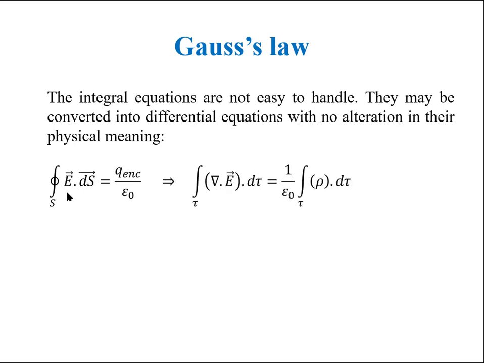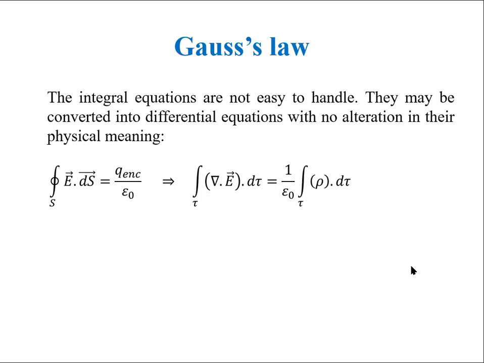To do so, we do like the following. We use Gauss's theorem to convert closed surface integral into the volume integral, and we write the total charge in the given volume enclosed by the closed surface by volume integral of charge density.